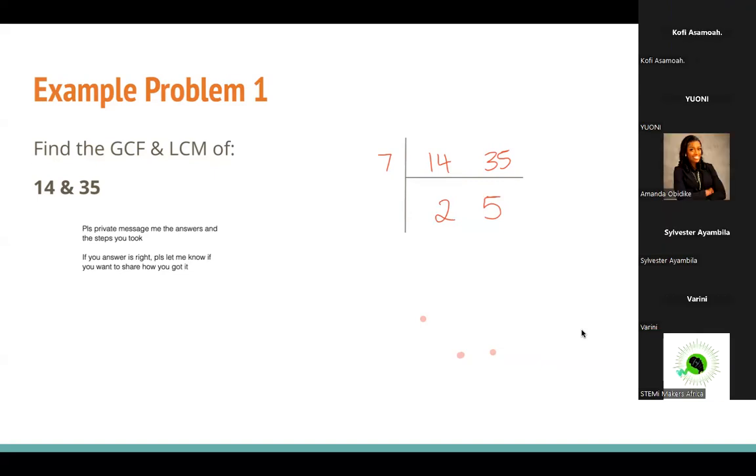So that makes 7 automatically the GCF. And the LCM is 7 times 2 times 5, which is 70. Okay. So basically, whoever raised their hand, do you have a question?